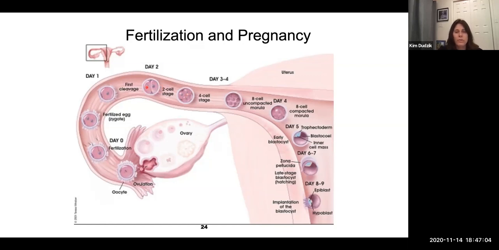And so as it moves through the fallopian tube, it takes several days. It takes a good 10 days for it to reach the uterus, right? This 10 days is the luteal phase inside of the ovary. After ovulation, you've got the corpus luteum developing, and you need at least 10 days for the luteal phase.